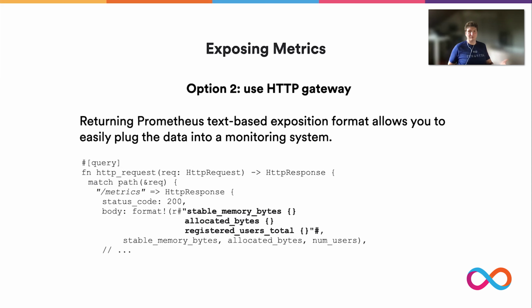The format is so simple, you can just print the data. If you have histograms, it's a bit more complicated, but this works very well in practice because all the parsing happens on the Prometheus server, and it knows how to do it. So all our monitoring for canisters is built on top of this idea.